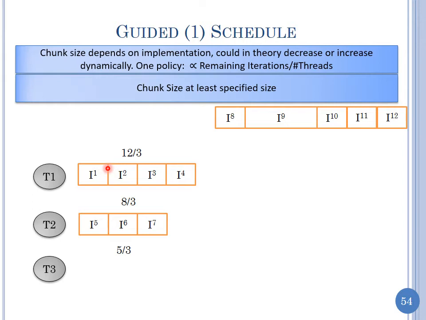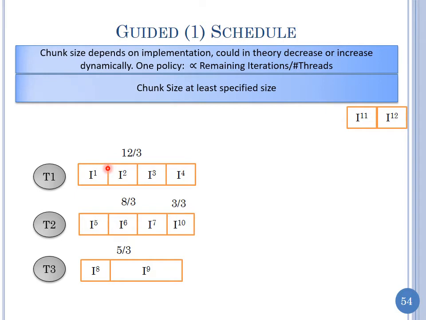Now we have 5 left, and we do something similar. We get 2. Now we have 3 left, and we give this chunk size 1, because we can't go smaller than this, and this happens to be the smallest size. So I11 goes here, I12 goes here, and we see much better balancing here.